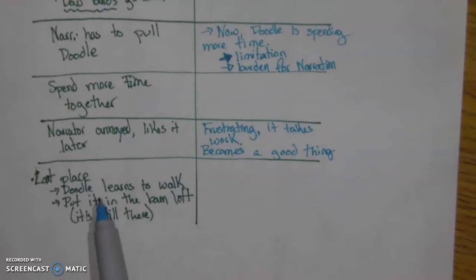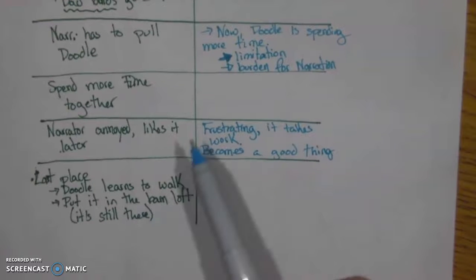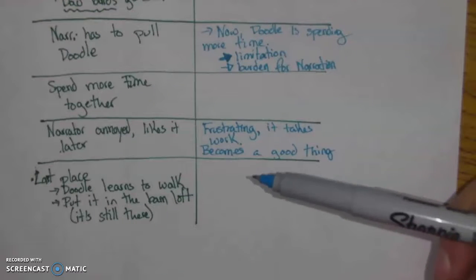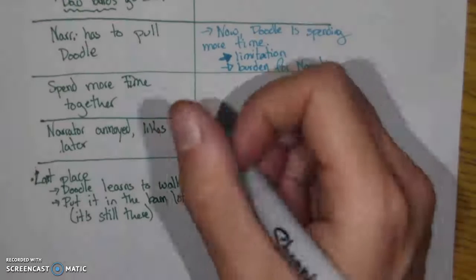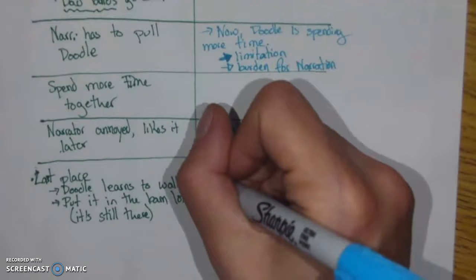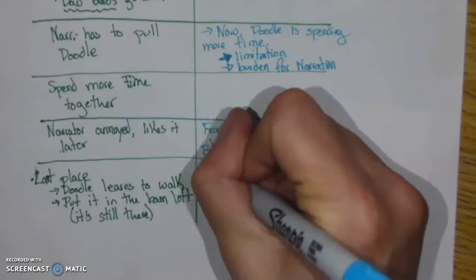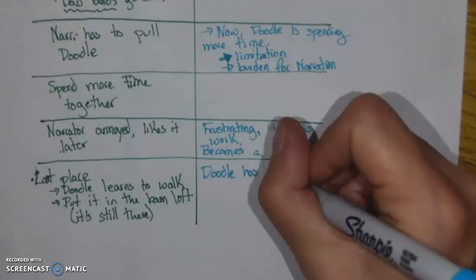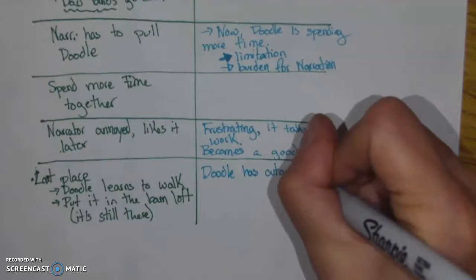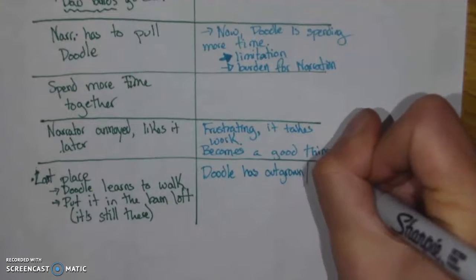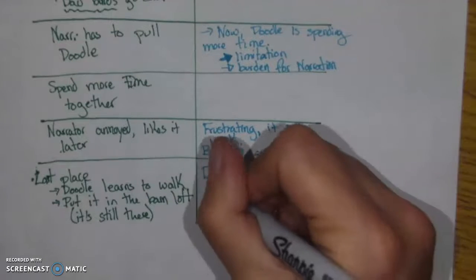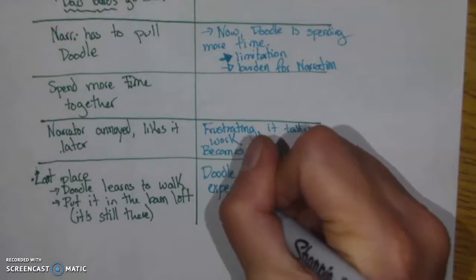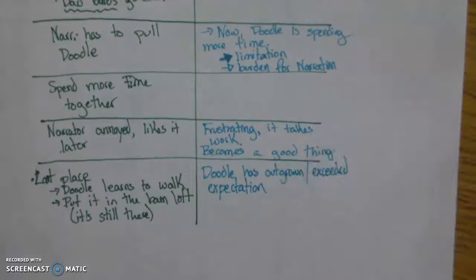In the last part, Doodle actually does learn to walk. The expectations that his brother has are so much higher that Doodle no longer needs the go-kart. So Doodle has exceeded or outgrown expectations, just like he outgrew the go-kart.